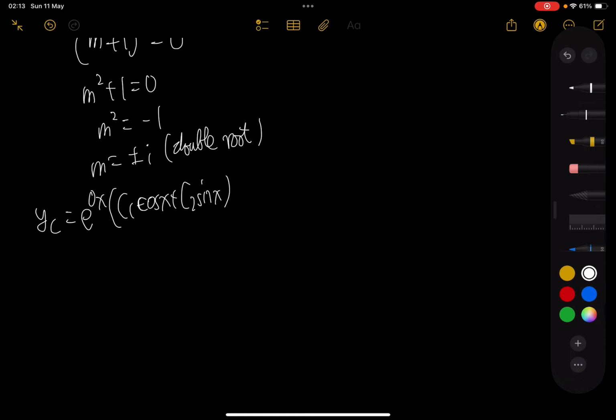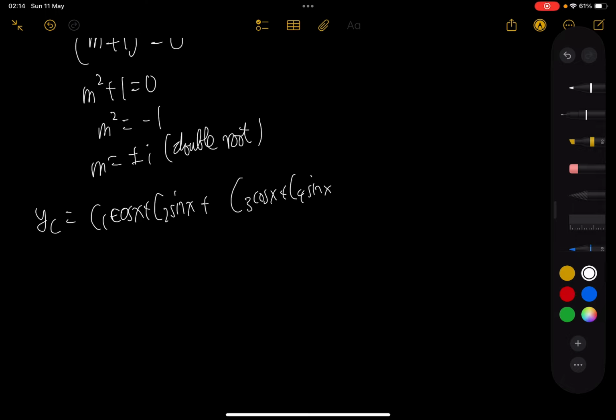This is a formula. We can just remove this e to the power of 0x because it's just 1. First you get the first solution, and then because we get a double root, we are going to multiply by x and add another solution, which is c3 cosine x plus c4 sine x.